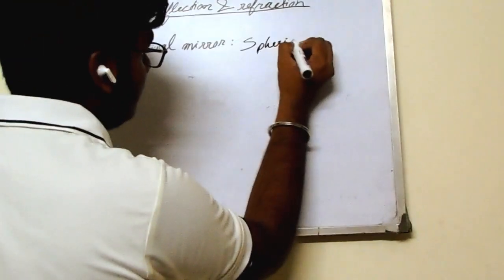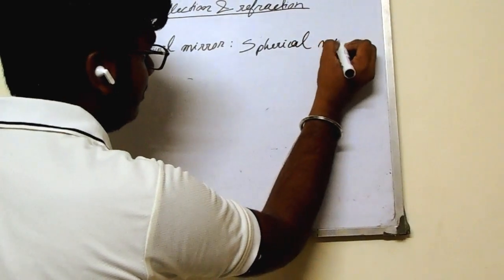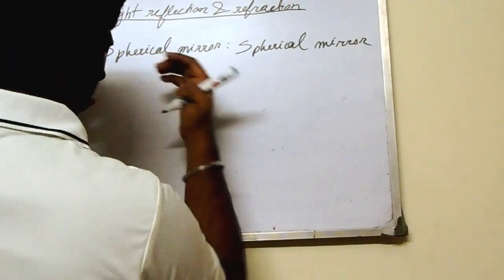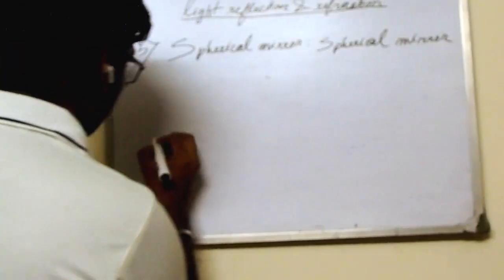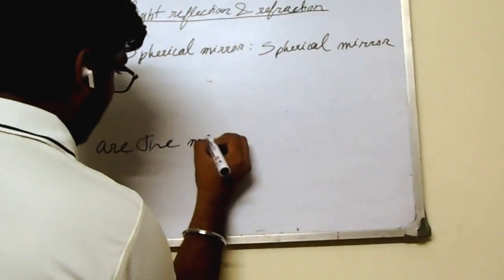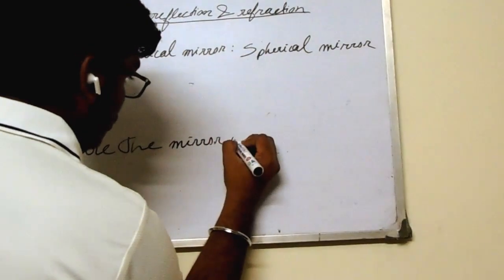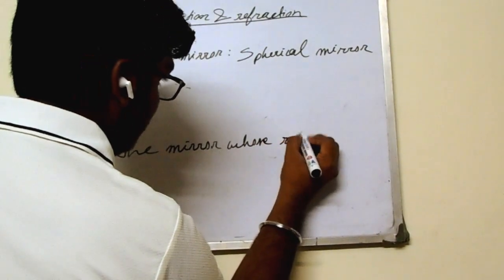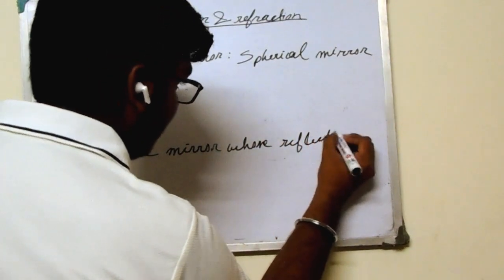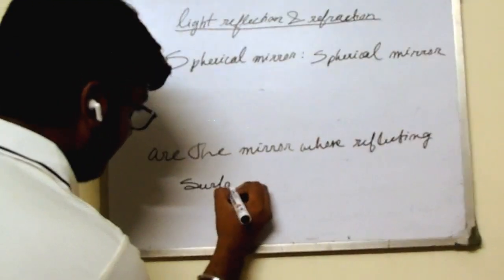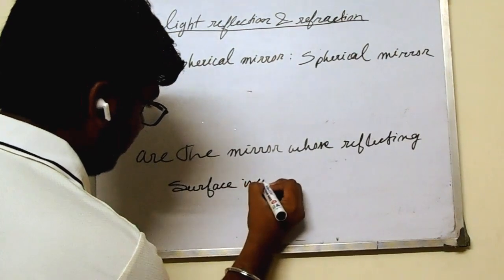Spherical mirrors are the mirrors whose reflecting surface is curved.